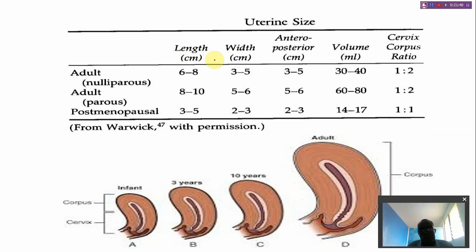The length of a nulliparous uterus is 8 by 5 by 5. Some books also say 3 by 5, or 9 by 3 by 5.